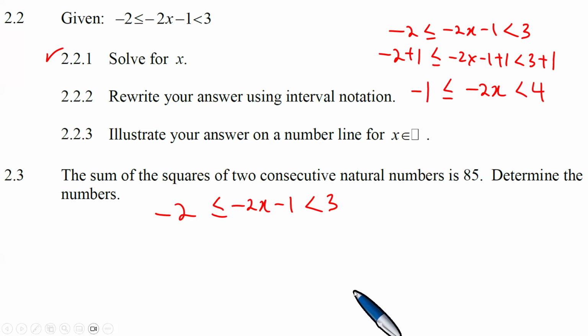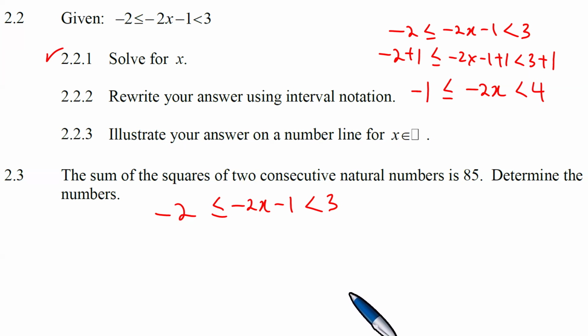So now, when you get to that point, you then have the following. So we continue.